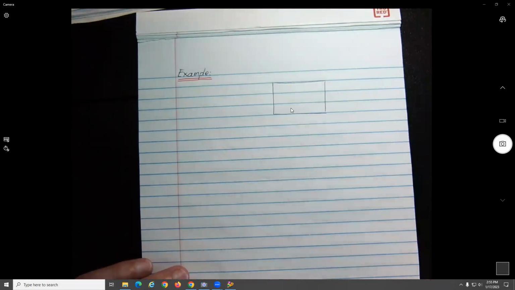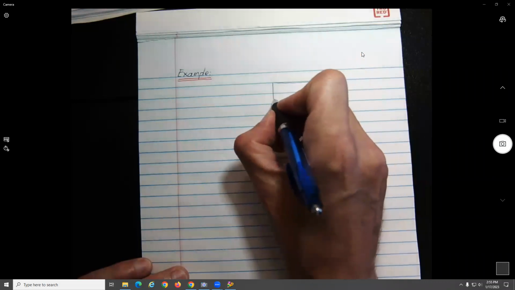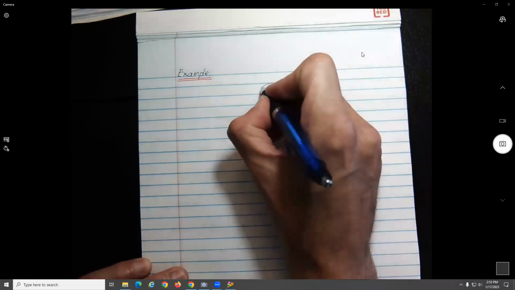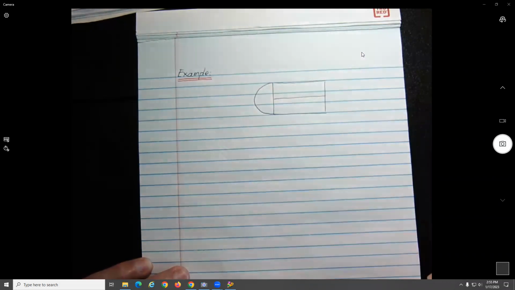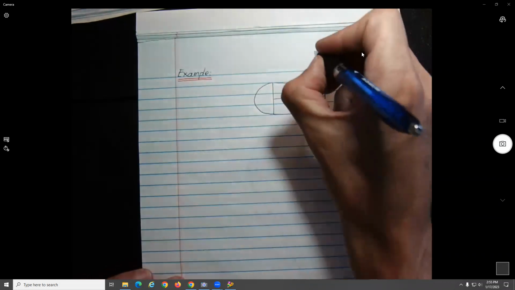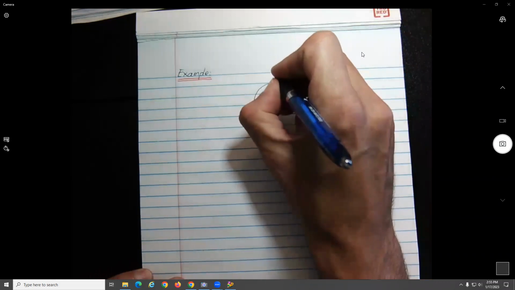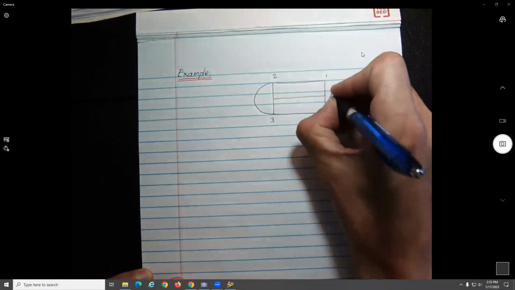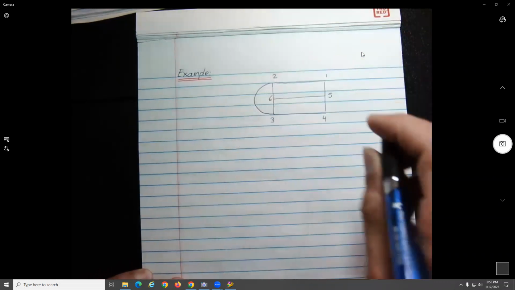This structure could be solved as statically determinate, but let's say we add one member in the middle, and that we have here a circular member. So we have here 1, 2, 3, 4, 5, and 6.